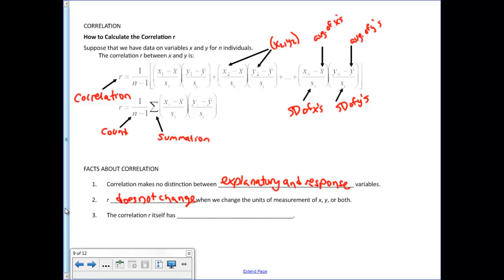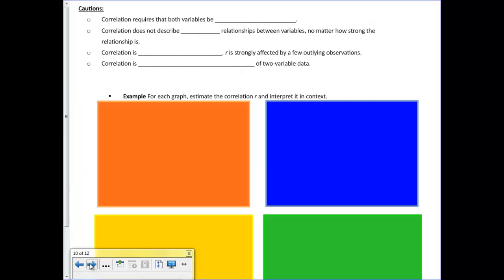If we had our heights and we say, hey, let's convert these into inches now, and we recalculate the scale, the correlation is still going to be exactly the same. The data still stays the same, except we just change the units. But R does not change. Correlation R itself has no unit of measurement. So we don't say R equals 0.5 centimeters. We just say R equals 0.5 or R equals 0.1 or whatever.